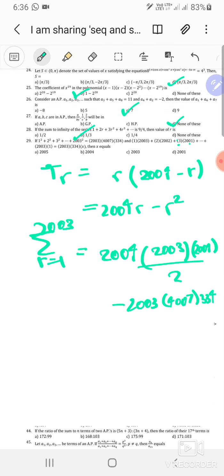So now, this is equal to 2003 times 334 times x. Then what is the value of x? First of all, this cancels. Okay, cool. Then what can we do? 2004, fine. So you have 334 over there.